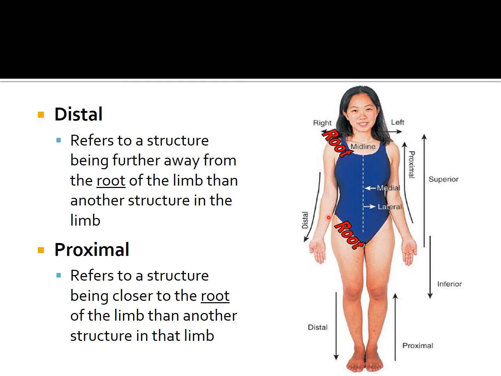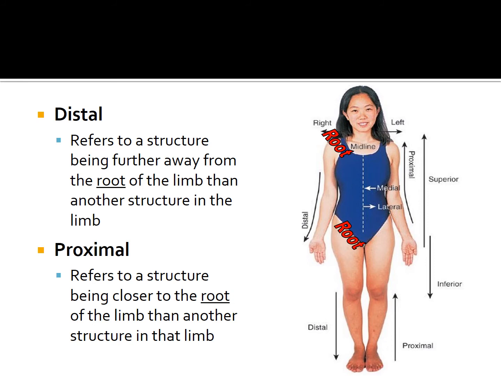The part which is away from the root is referred to as distal. For example, the fingers are located distally, whereas the arm is located proximally. So this is proximal and distal.